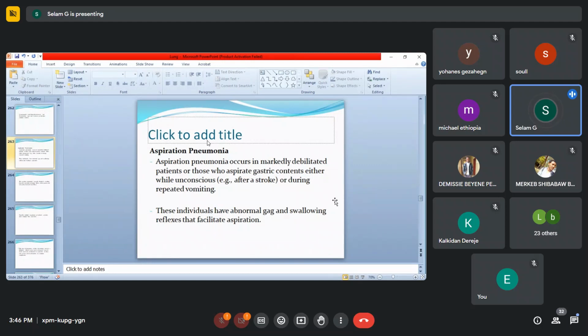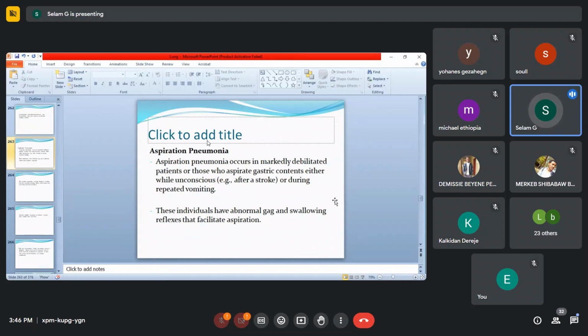The other group of pneumonia could be aspiration-related pneumonia. Aspiration pneumonia occurs in markedly debilitated patients or those who aspirate gastric contents either while unconscious after a shock or during repeated vomiting. Whenever food material or gastric content accesses the airway for whatever reason, aspiration pneumonia will occur.